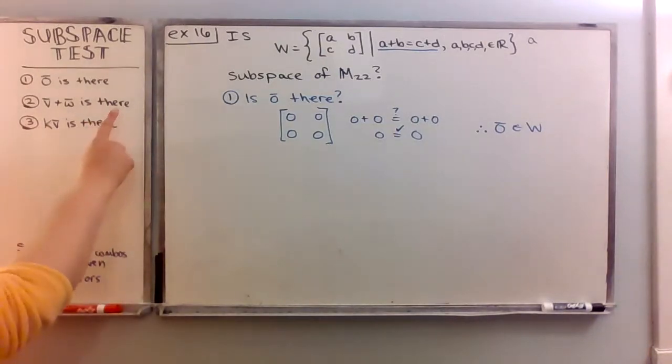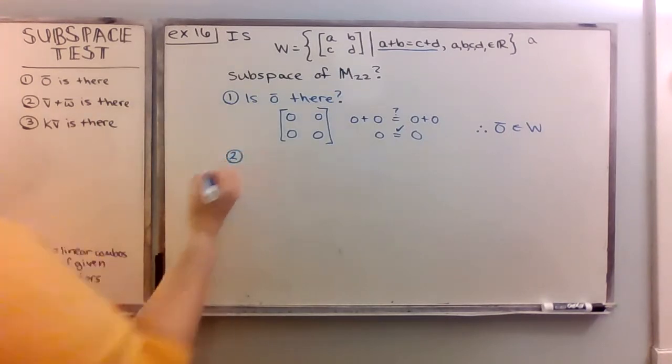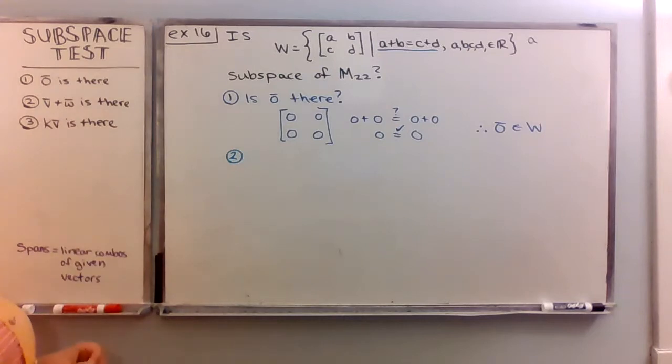Now we just have to check the second and third test. So we have to see if I have two vectors that are here in this set, is their sum contained in there?